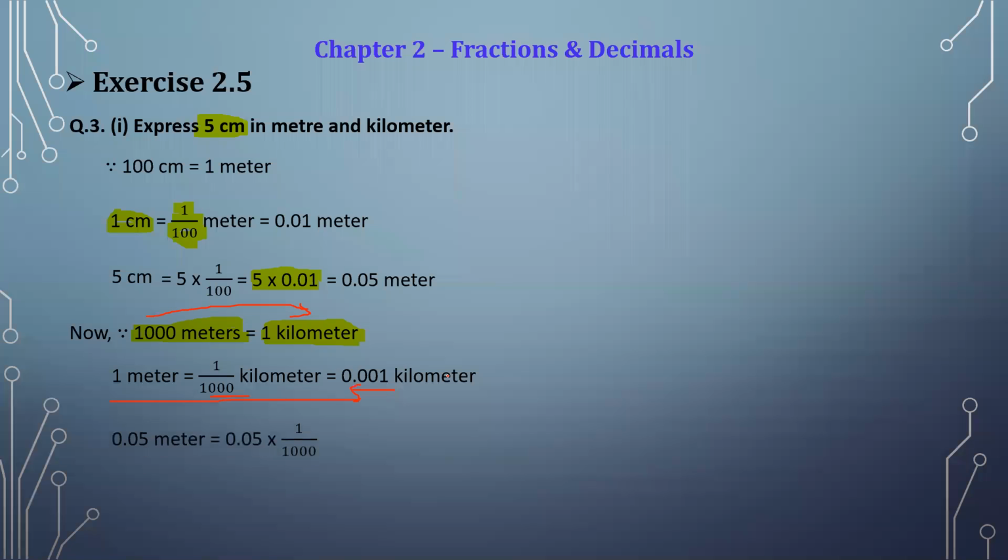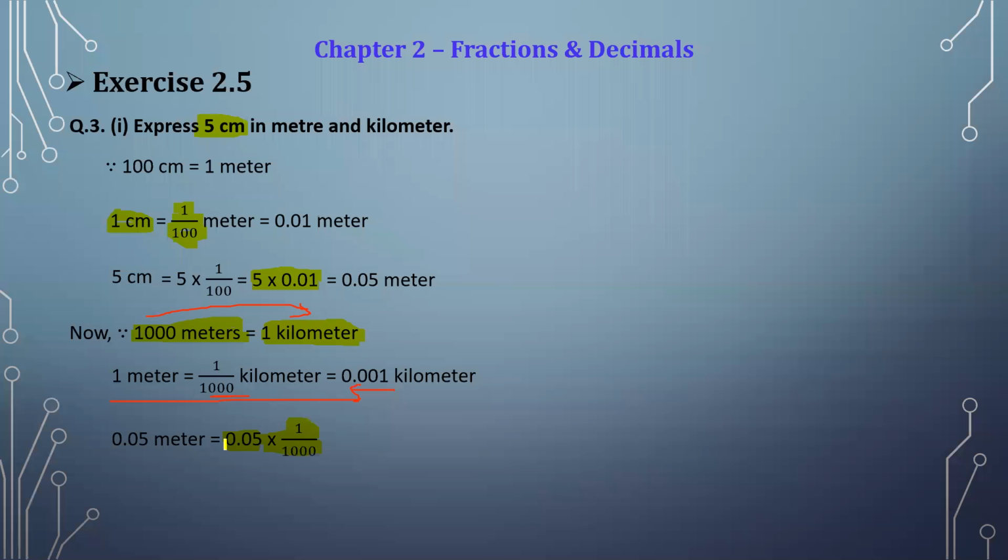Now we are going to convert 0.05 meter into kilometer. So therefore, multiply it by 1 upon 1000, because we are going to convert this 0.05 into kilometer.